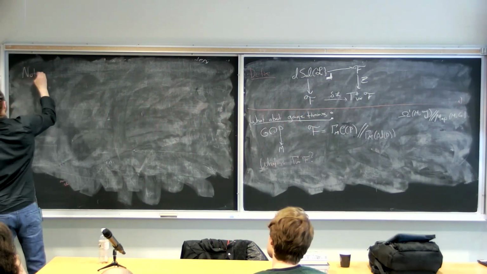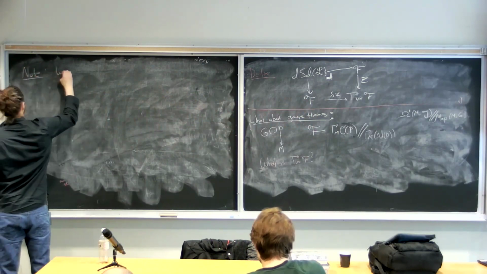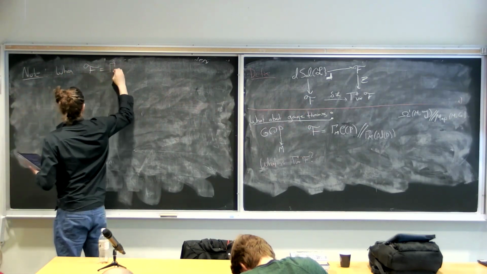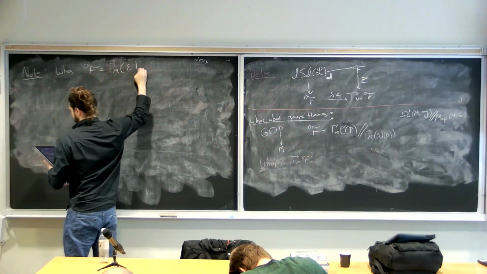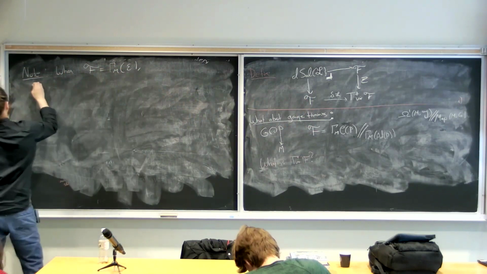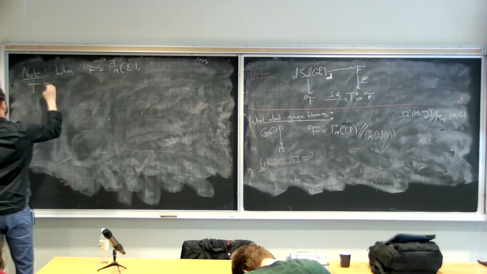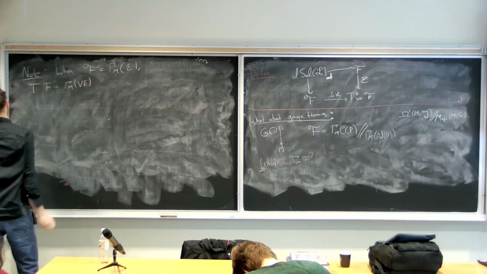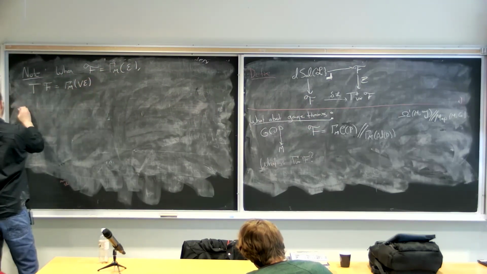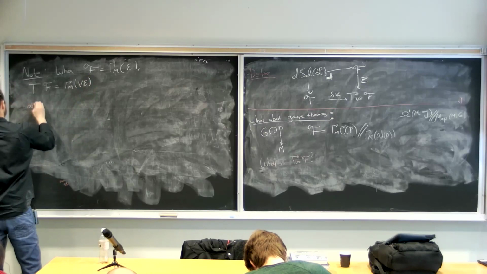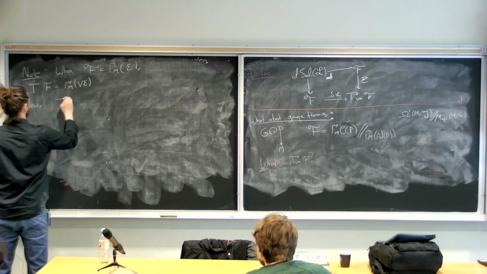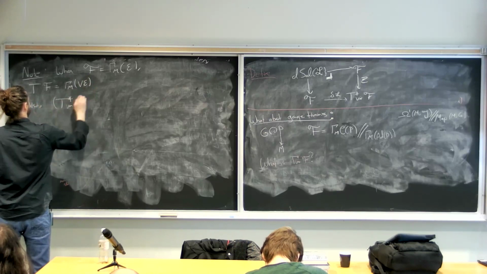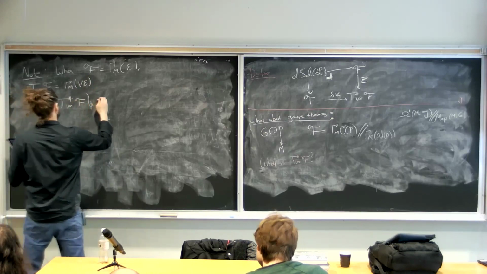Let's first of all note that when these fields were just legit sections of something, we knew that TF is the sections over M of the vertical tangent bundle, and also if I look at T star var F, I look at the fiber over a particular field.